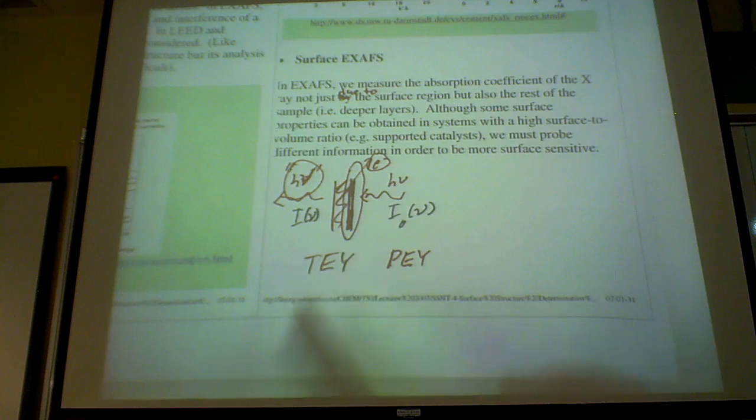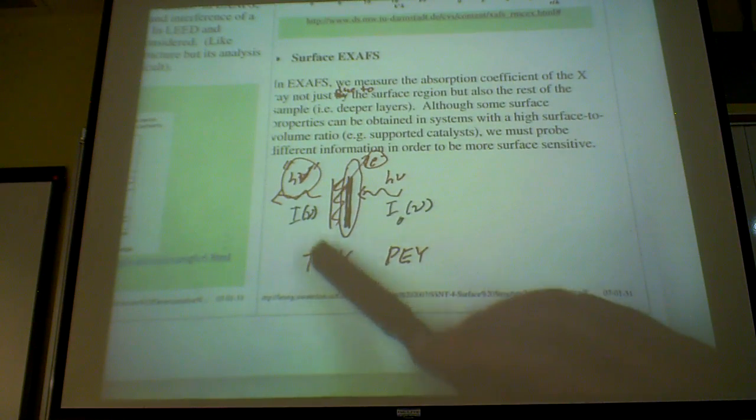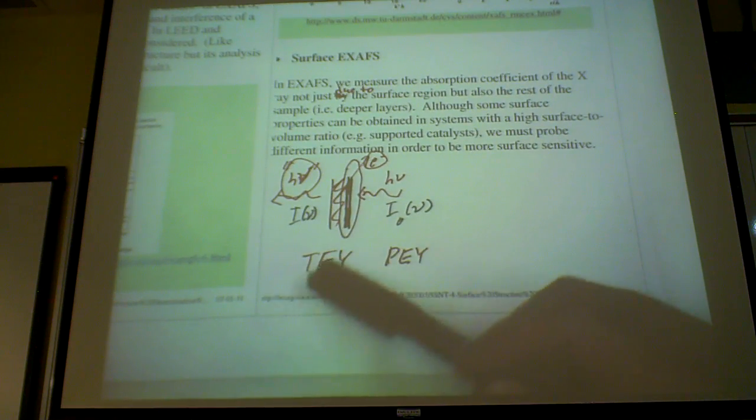This is one of the jargon that you may see, which corresponds to any electron that comes out. I just measure any electron that comes out, because I know that if you have more material, you would expect more total electron emission, right?